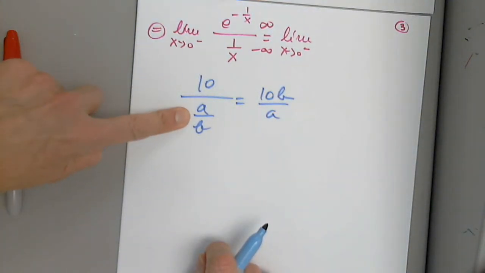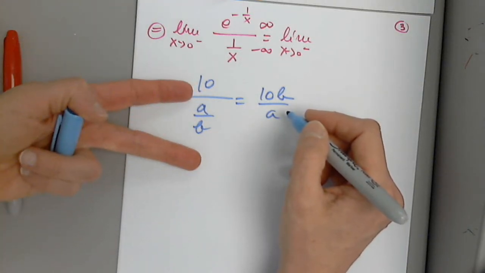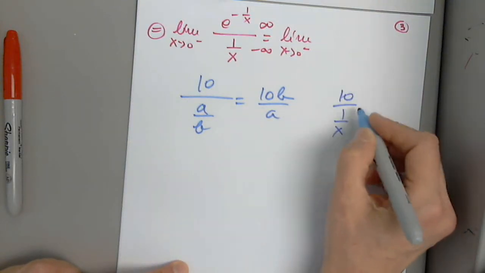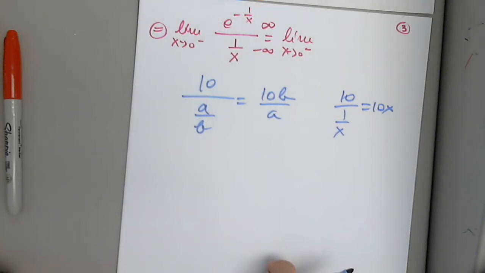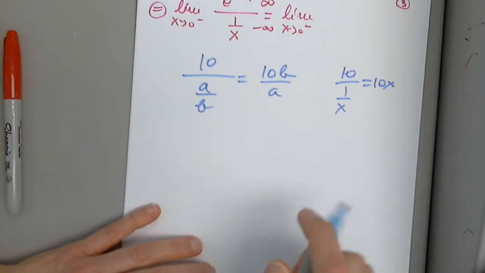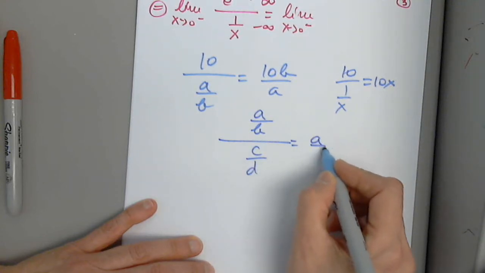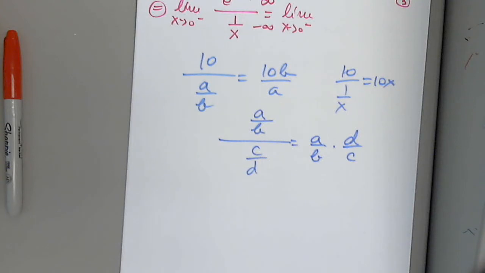If I have 10 divided by 1 over x, this is 10x, because I have to flip. For a divided by b, everything over c over d, I copy the numerator and flip the denominator. When we divide by a fraction, we really multiply the top by the multiplicative inverse of the denominator.